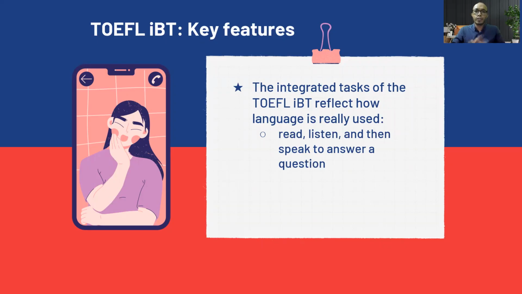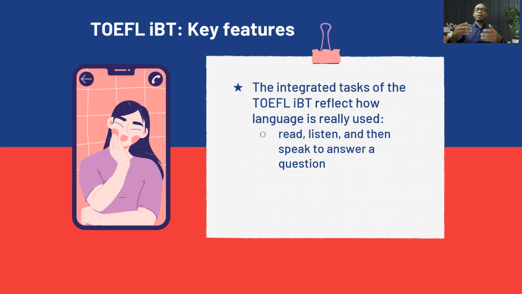Okay, which is communication. So this, for example, can be shown when you are asked to read something, and then listening to a different source of information about the relevant topic that you read, and then you have to speak about it.